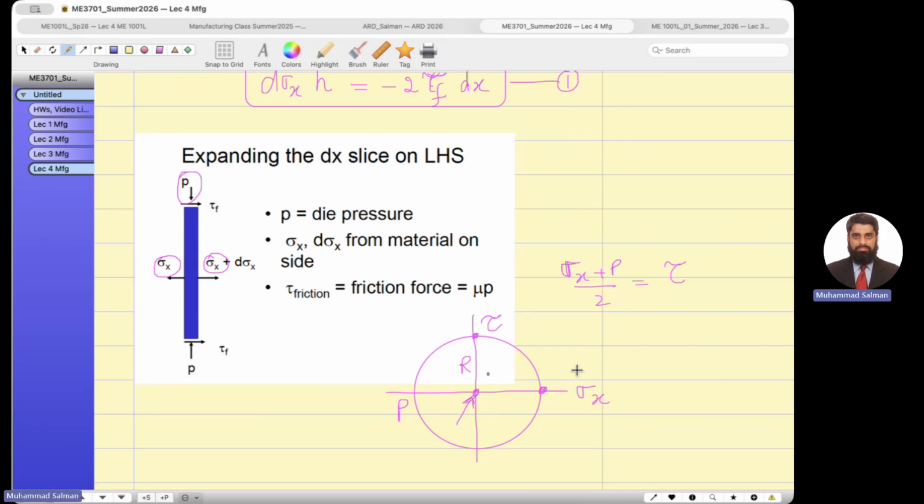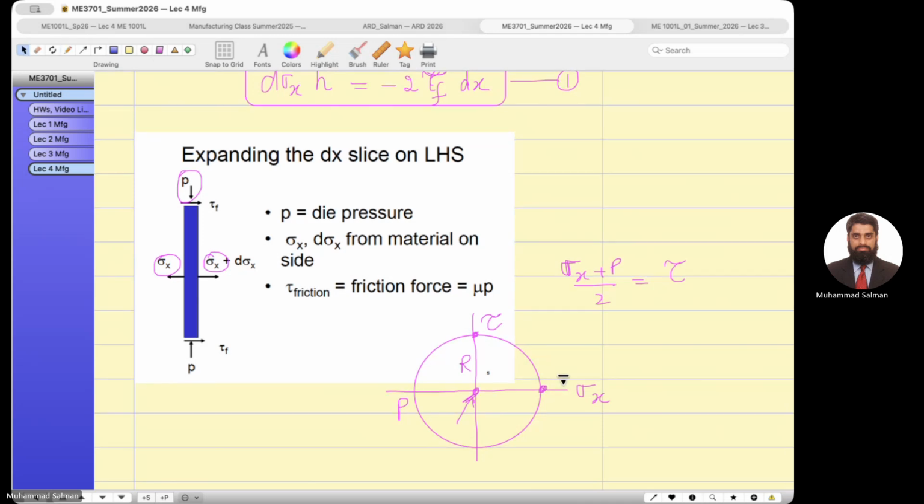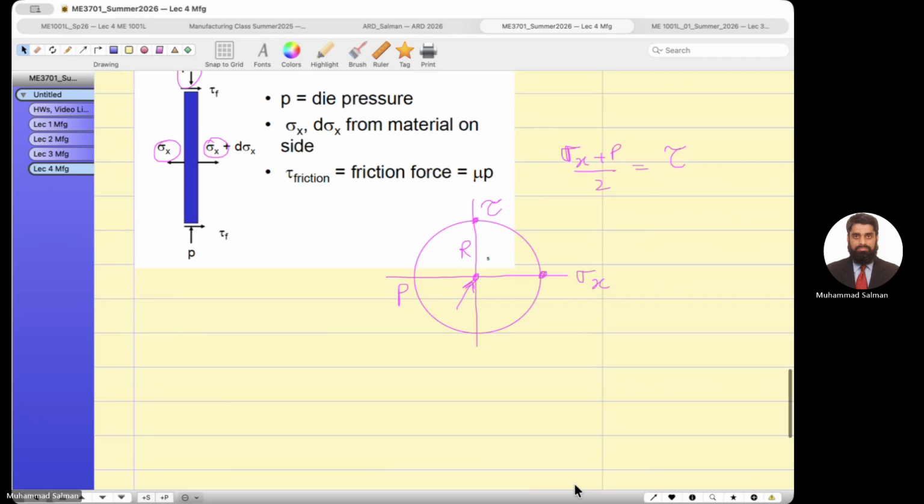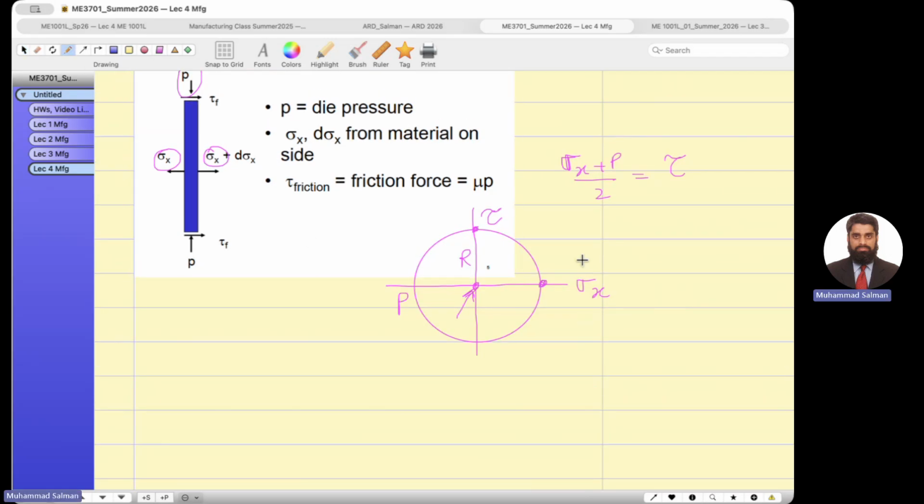That's what the Tresca yield criteria is. Suppose average stress equals K value. Sometimes you will see average stress equals K value, and that is equal to 2K, which is the tau flow. Shear stress to flow the material, Tresca says.